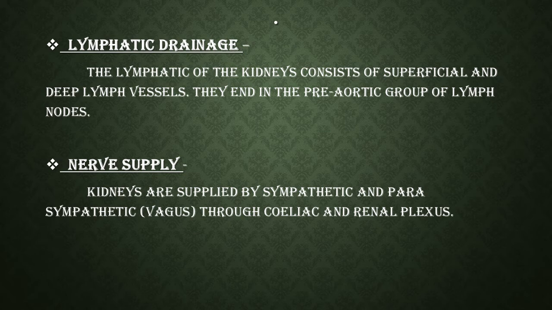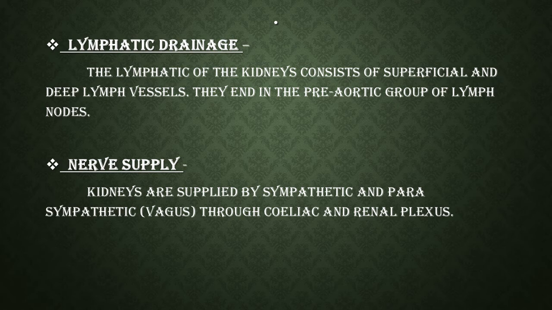The deep lymph vessels accompany the renal vessels, communicate with the lymph spaces between the tubules, and join with the superficial lymphatics at the hilum. Both these end in the pre-aortic group of lymph nodes at the lumbar region.